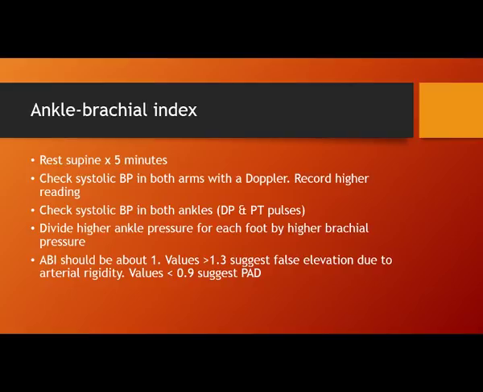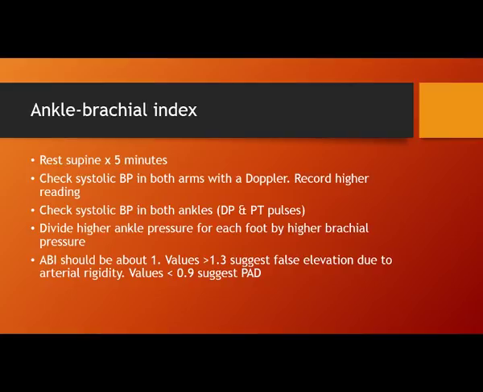For the left the ratio is just 110 to 110, that's 1. For the right it's 120 to 110, so you would divide 120 by 110, and it's going to be a little over 1. We'll say 1.1. And then 1.1 would be a normal value, so you'd have a normal value on both sides.